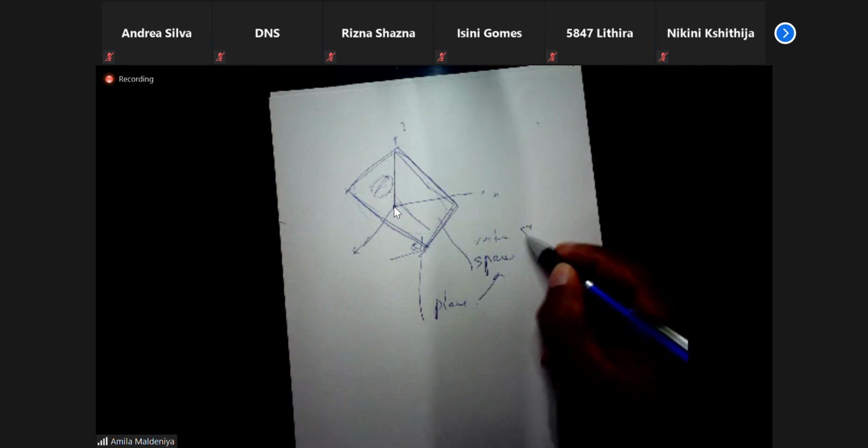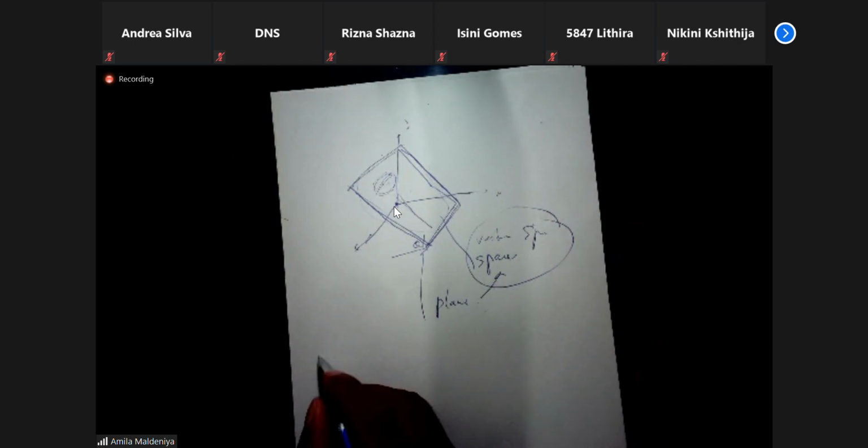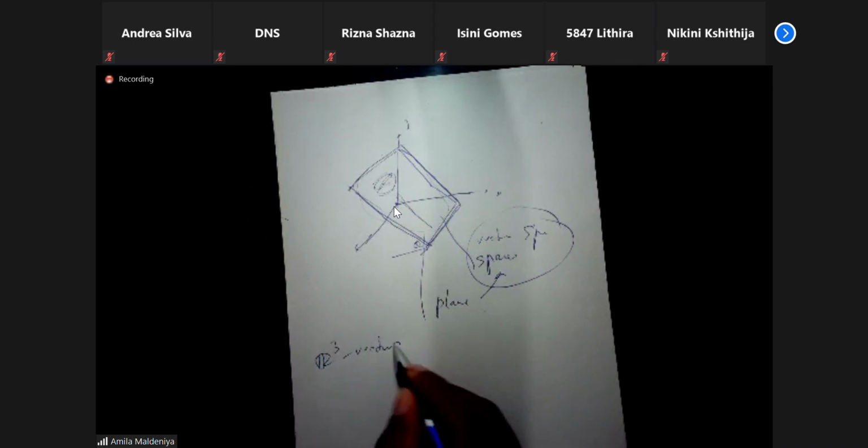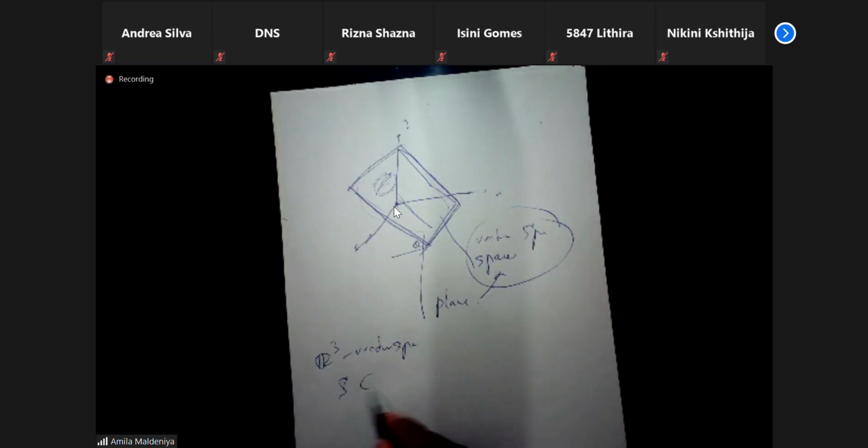Now, R3 is the vector space. In the vector space, we have a subset, let's call it S. So in R3, we have a subset. Sometimes this subset may have the vector structure.